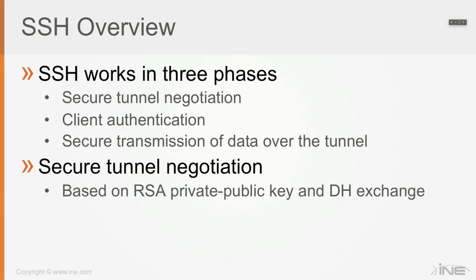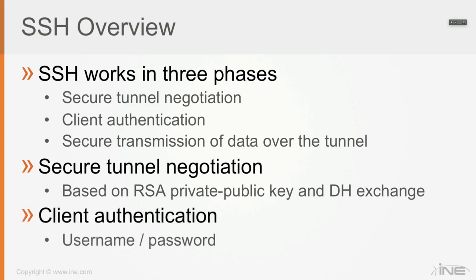But in the end, also in this case, the tunnel negotiation happens by using RSA private-public key pairs and Diffie-Hellman exchange. Then client authentication is done via username and password. So SSH requires username and password authentication, it doesn't support just password authentication.